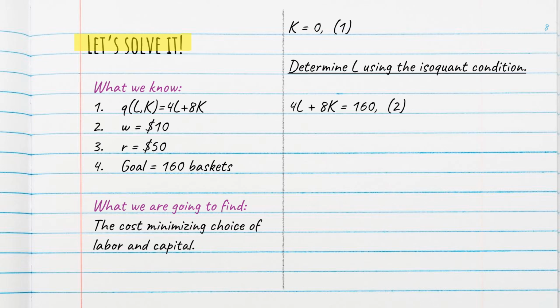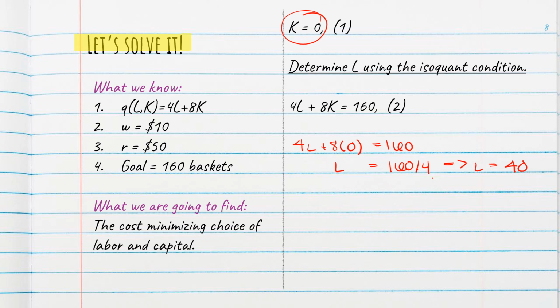In particular, we're going to substitute 1 into 2 so that we can find the amount of labor that needs to be hired in order to produce 160 baskets. So I have 4L plus 8 times 0 is equal to 160. Solving for L, I get L is equal to 160 divided by 4, or L is equal to 40.